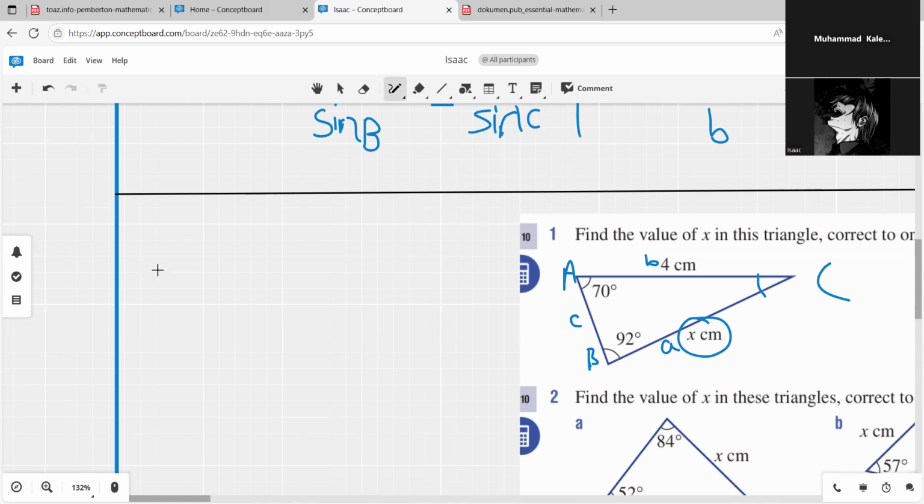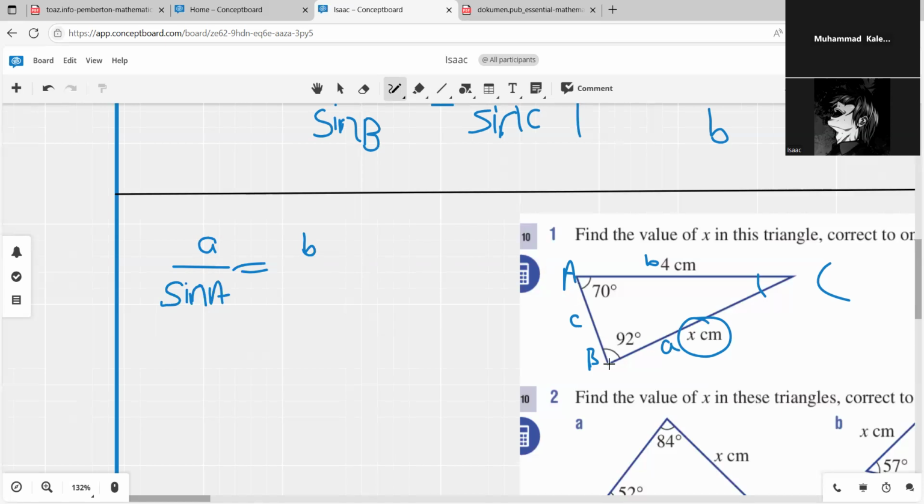So which formula will we use? I will prefer to use this one. Write the thing that is required in the numerator. If a side is required, take the side in the numerator. If an angle is required, take the angle in the numerator. So I took here a over sine A, right? Then on the other side, what should I take, b or c? Definitely I will take b because b is given.